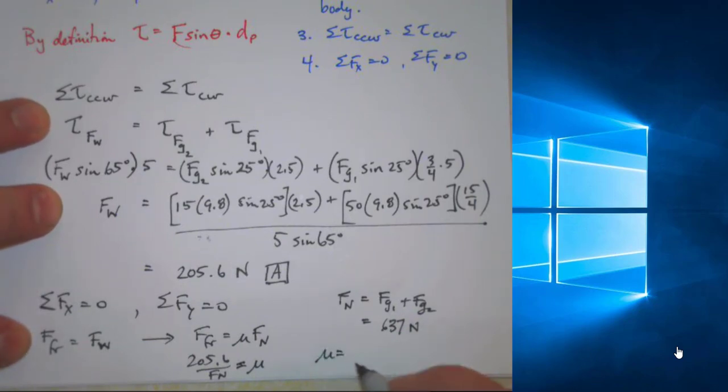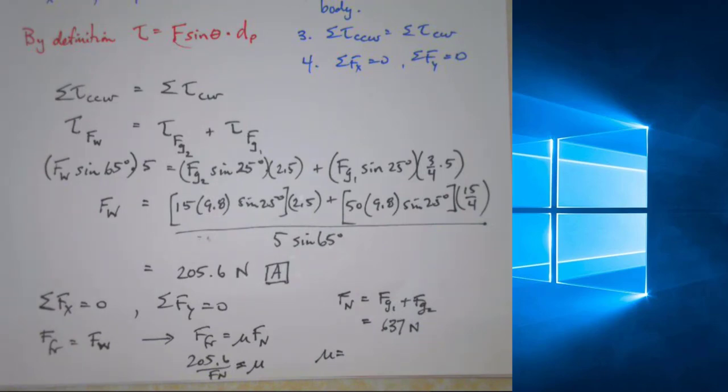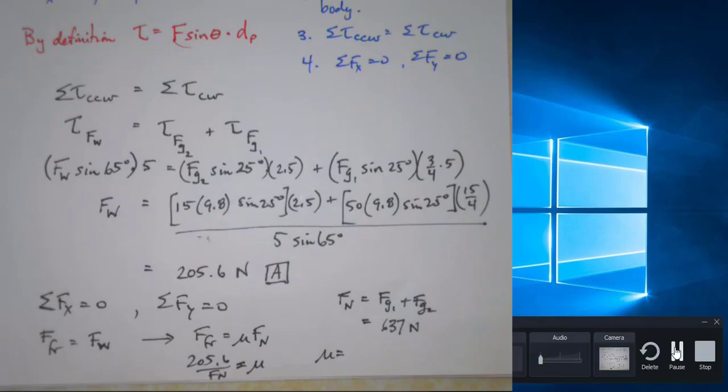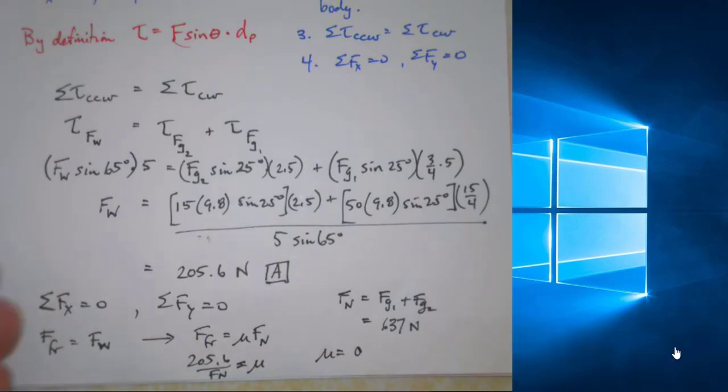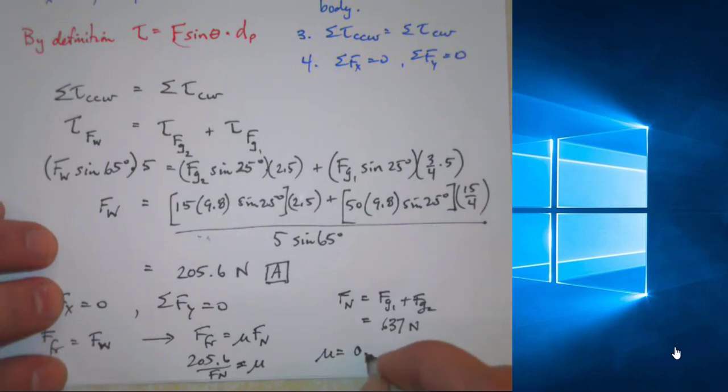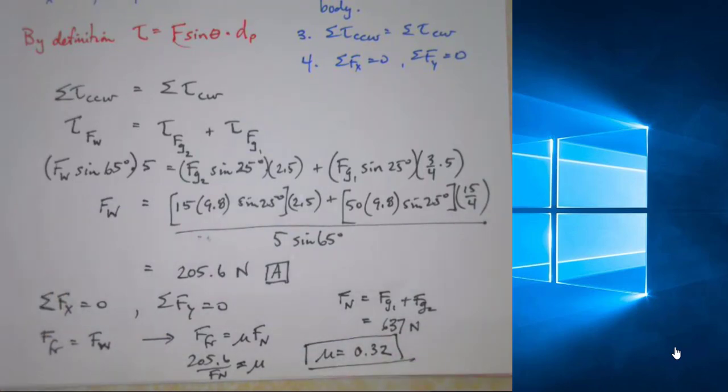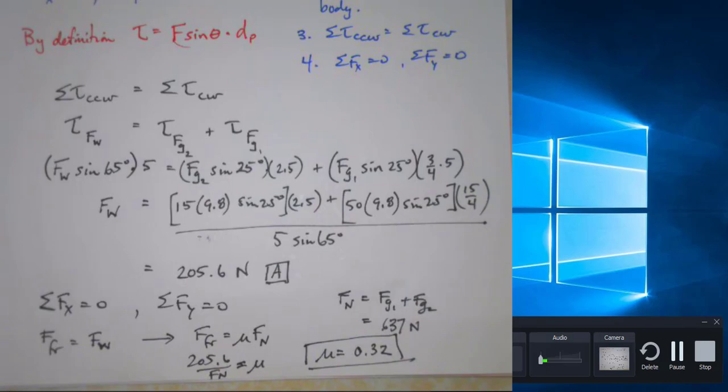So mu equals 205.6 divided by 637, and that gives us an answer of 0.32. That was fun.